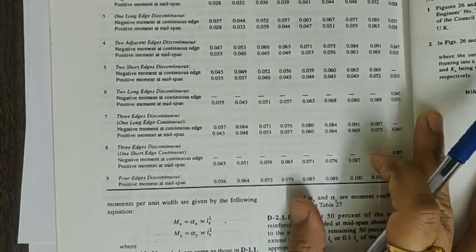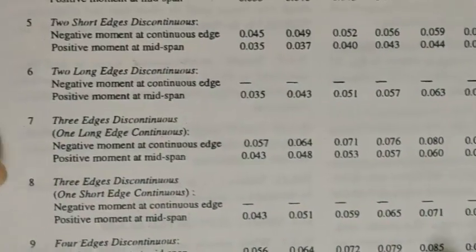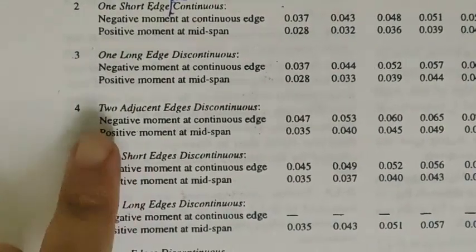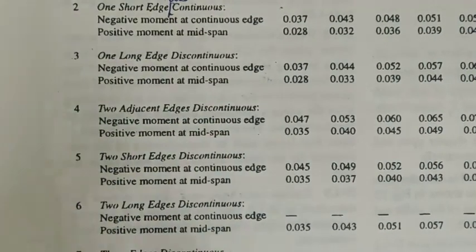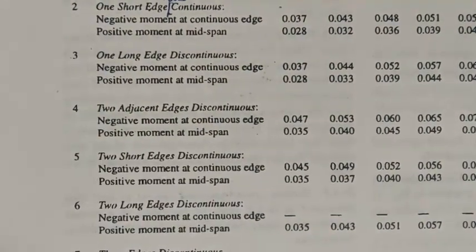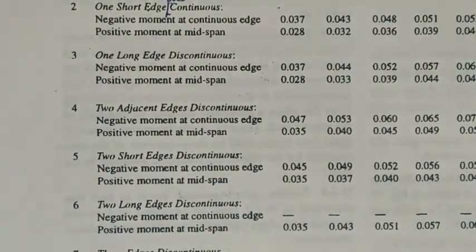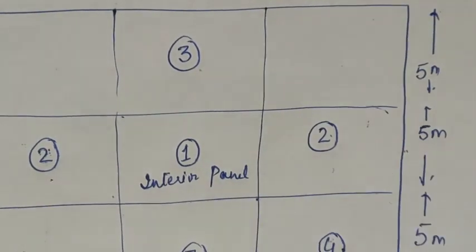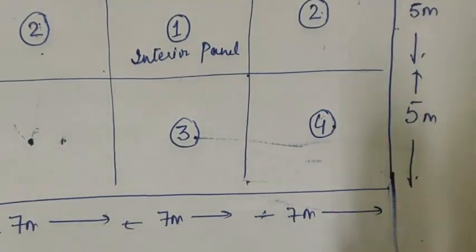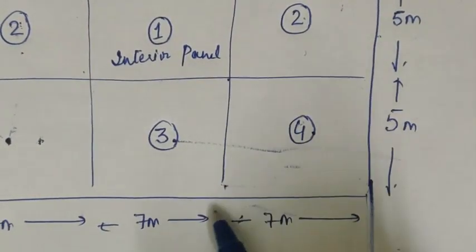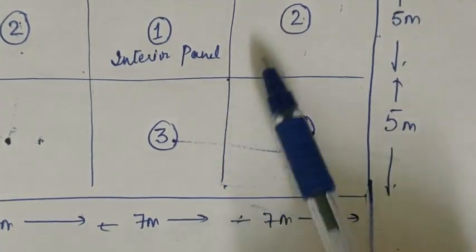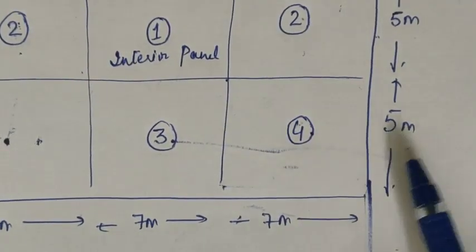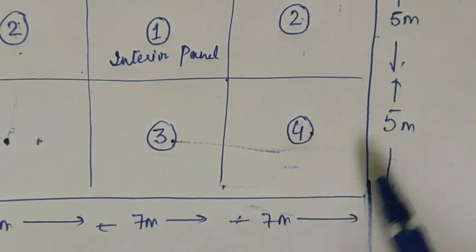Now looking at case number 4. It says 2 adjacent edges discontinuous. 2 edges are continuous, 2 are discontinuous, but the discontinuous edges are adjacent. They are next to each other. Now look at this slab, slab number 4. Out of all the four corners, these 2 are continuous, these 2 are discontinuous, and these discontinuous edges are next to each other.